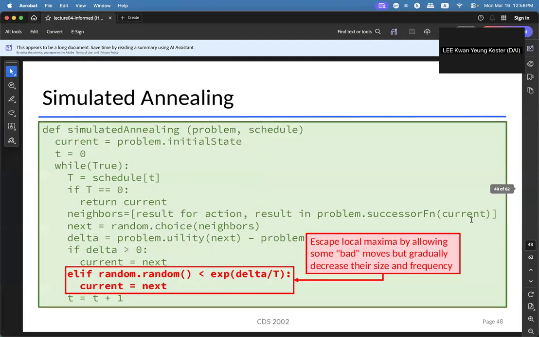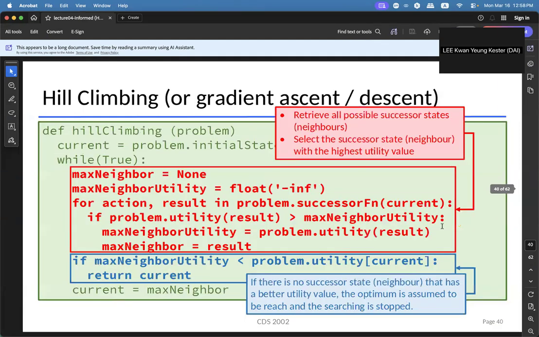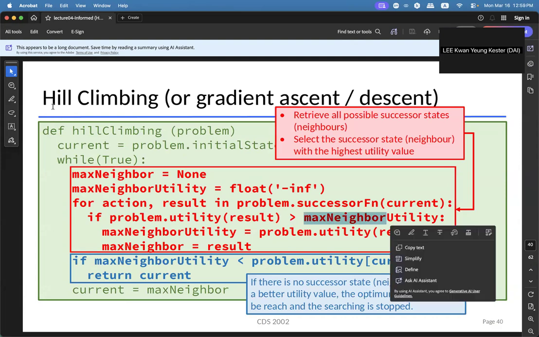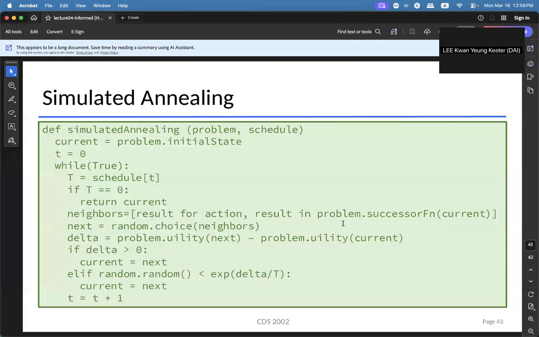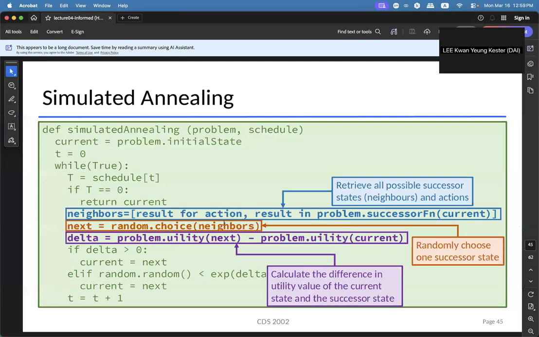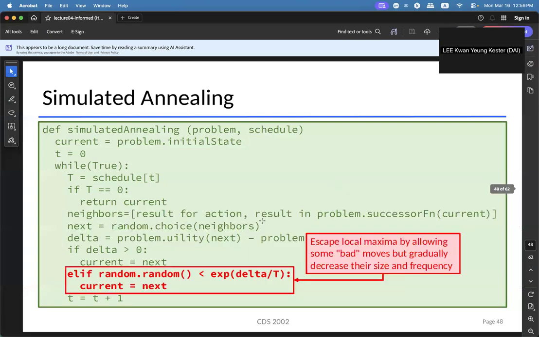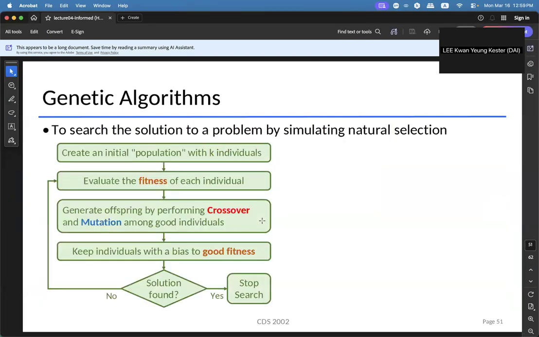No matter whether it is simulated annealing or hill climbing, they all depend on checking out the neighbors. In hill climbing, you check out the neighbors and go to the neighbor that gives you a higher value. For simulated annealing, you do the same, you check out the neighbors. But in genetic algorithms, we actually take inspiration from the natural world.